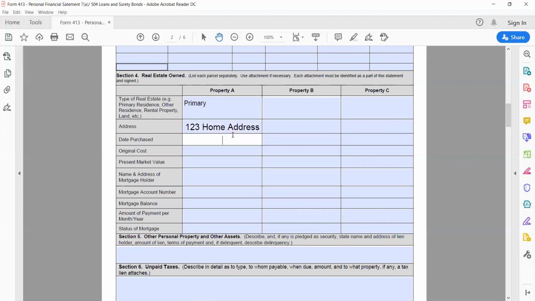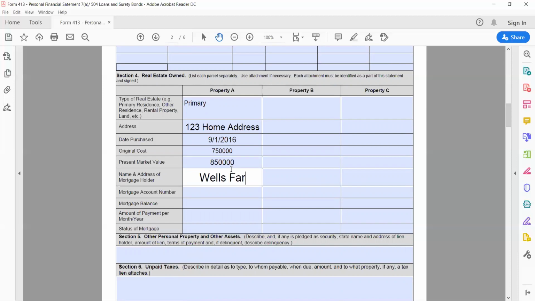Okay, date purchased, 9/1/2016. Original cost $750,000. Present market value $850,000. Okay, this is the name and address of the mortgage holder, so whether it's a servicing company or who it is, right?